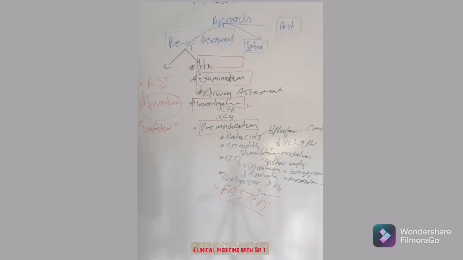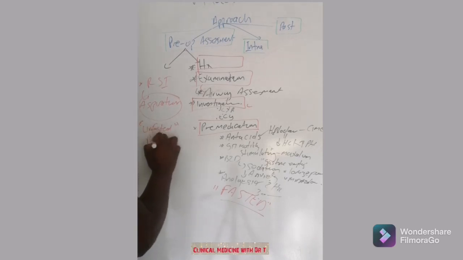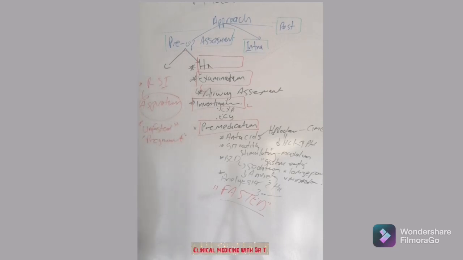Besides that, patients that have been involved in an accident, most of them are unfasted, or all of them are taken as unfasted, so an RSI is done. Pregnant women are taken as unfasted as well because of a couple of things.